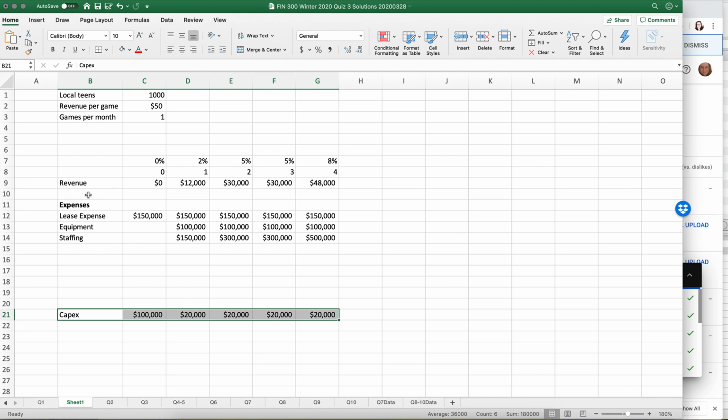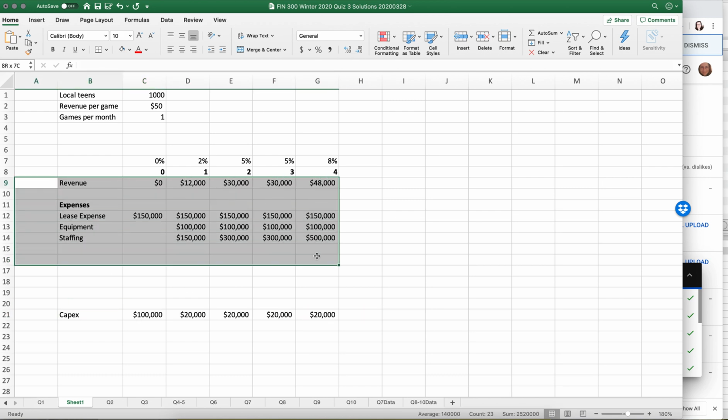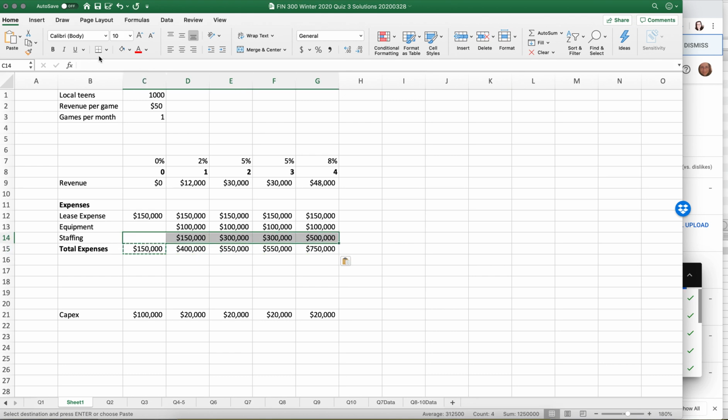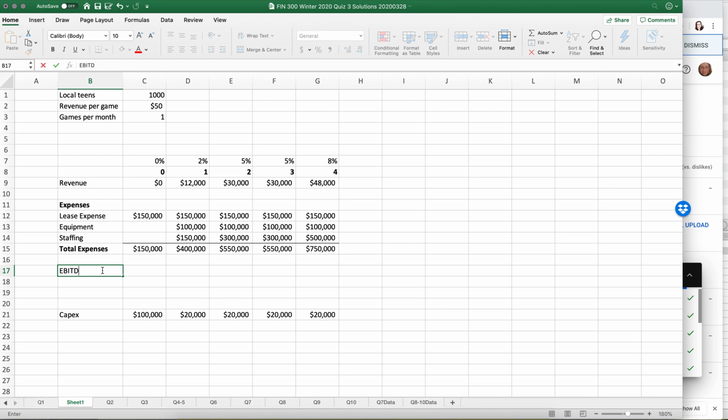So the goal of this up here is to calculate our taxes, and the goal of the bottom part is to calculate the actual free cash flow. So this is all accounting information, and this is actual cash flow. Okay, so I believe that those are all of the expenses. And this will give us EBITDA.